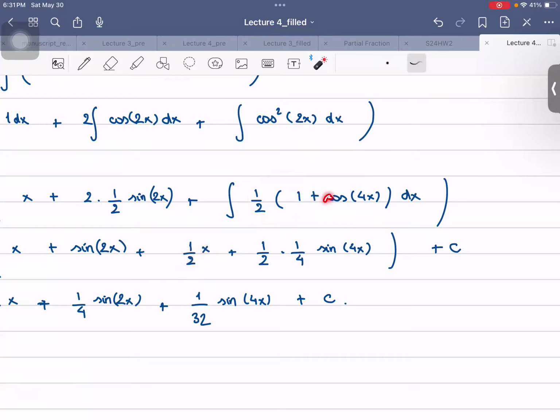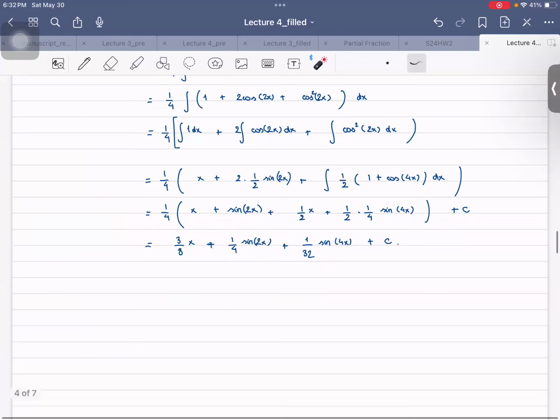The integral of cosine of 4x will give you sine of 4x, but remember, you have to divide it by 4, because of the extra coefficient in front of x. So 1/2 x and 1/2 times 1/4 sine 4x.